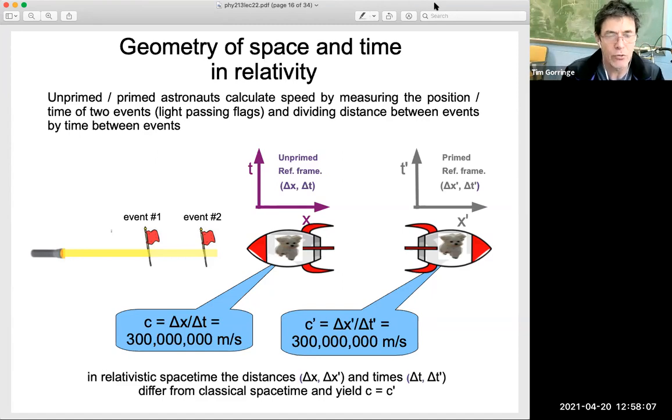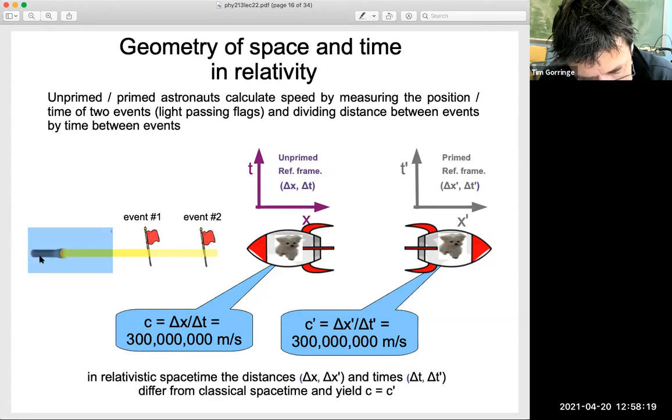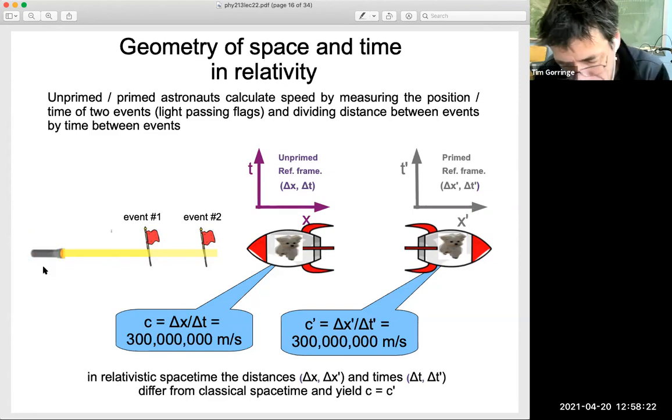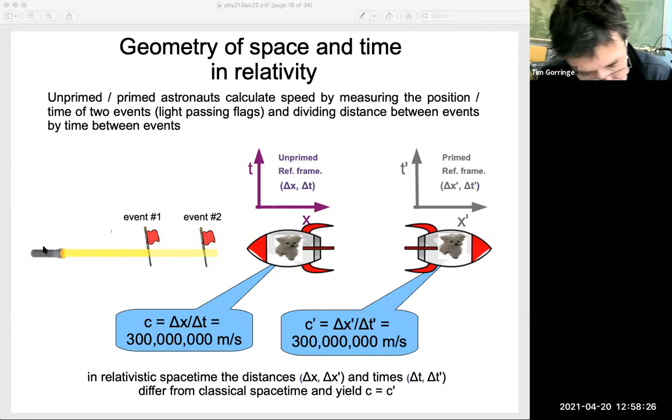I'm not going to go through all the algebra of what he did, but this slide will give you an idea of what he had to do. In this slide, you're seeing a light ray on the left-hand side from this flashlight, and you're seeing 2 observers.